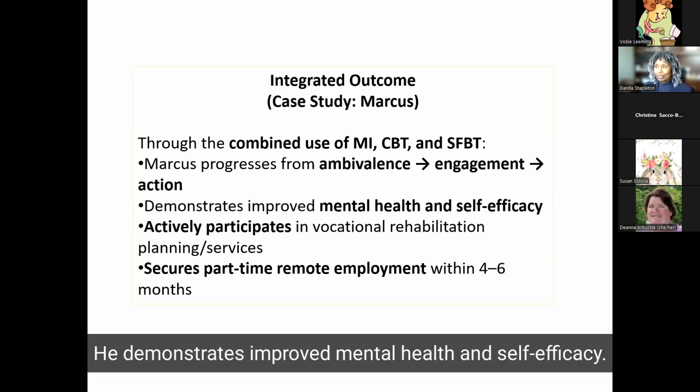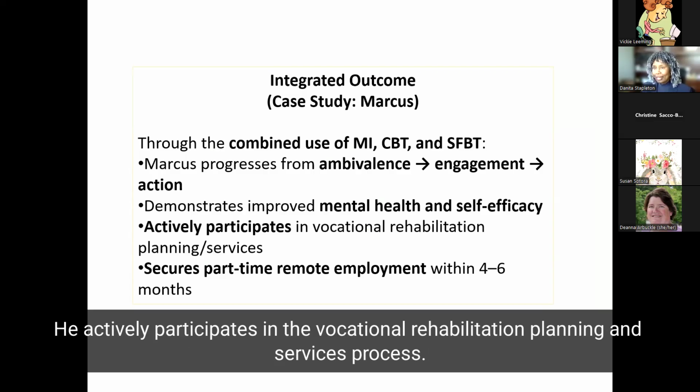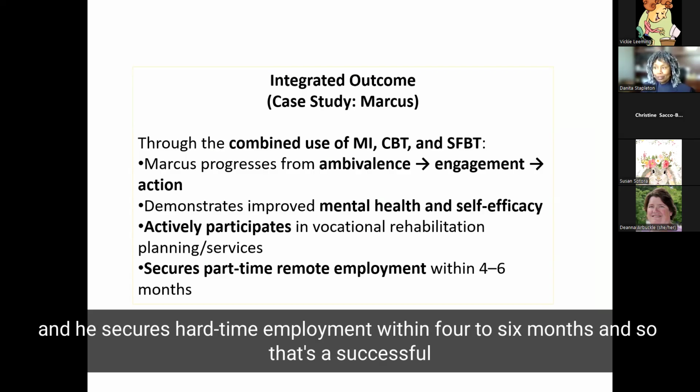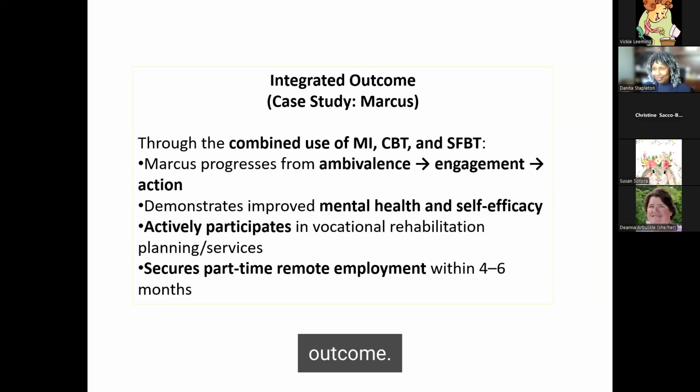He demonstrates improved mental health and self-efficacy. He actively participates in the vocational rehabilitation planning and services process. And he secures part-time employment within 4 to 6 months. And so that's a successful outcome.